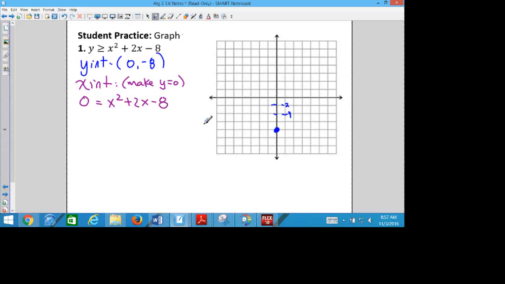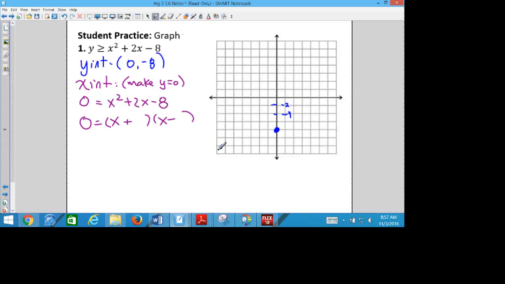I'll look at this and I have a couple options. I could complete the square, which some of you did. I could do quadratic formula because that always works. But I happen to notice this one factors. Fast and easy. So I'm going to factor it. x, a plus and a minus to make me a -8.